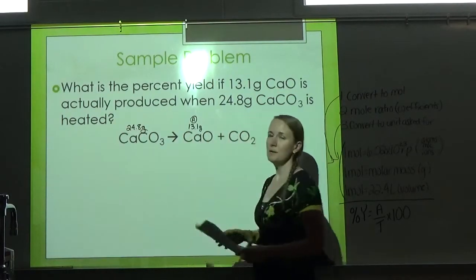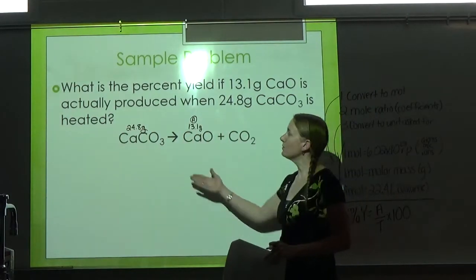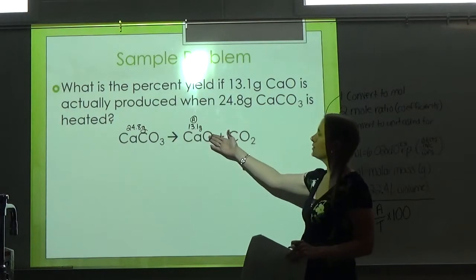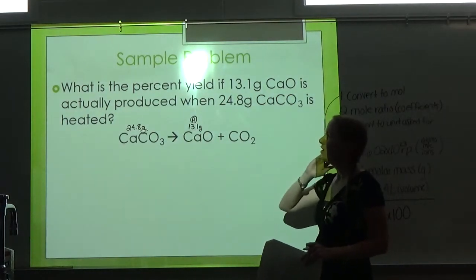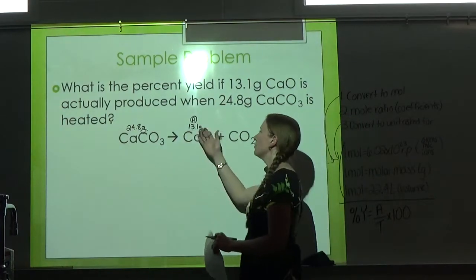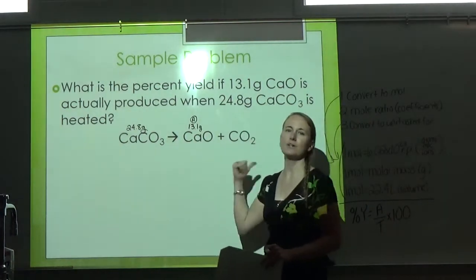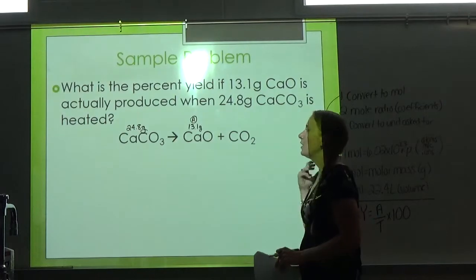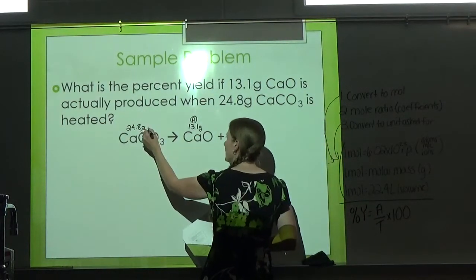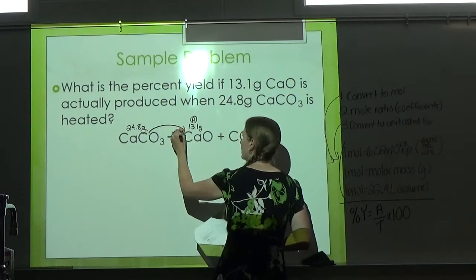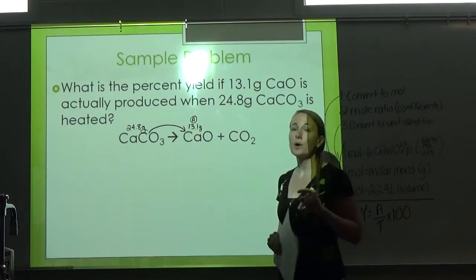So this is where some people get confused, because you see a number for this, you see a number for this, so then you're like, wait a minute, are you going to CO2, or what the heck's happening? Or worse, people just assume one of these is actual and one's theoretical, and they just try to go ahead and plug in. Okay? Neither of those are what's happening. What's happening is we did a reaction from here to here. We got 13.1 grams.